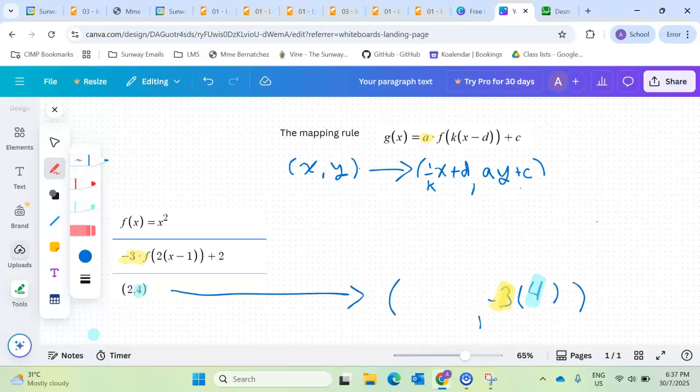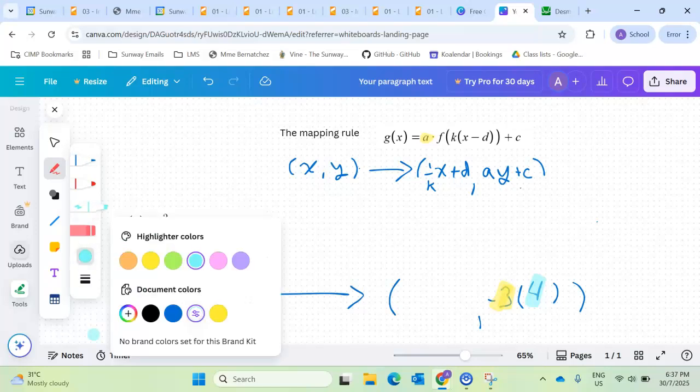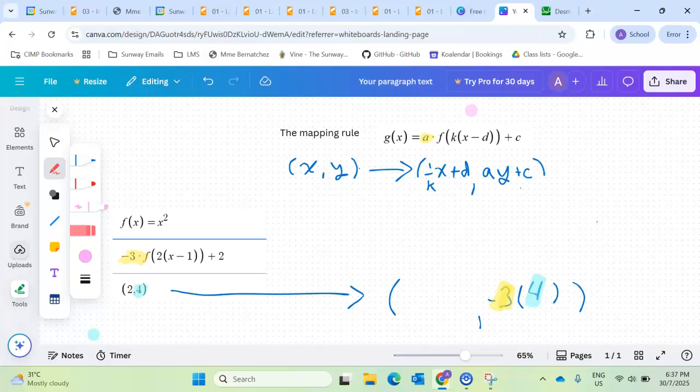For the x value, I have this k over here. So k means I will have this 2 over here.